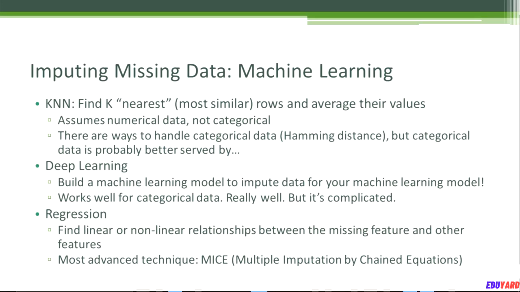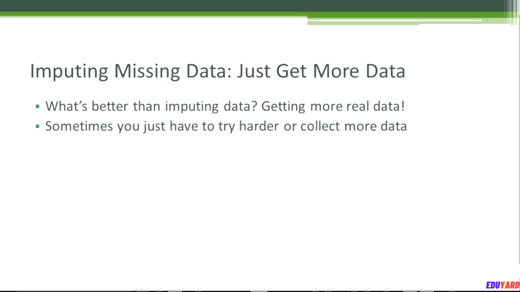And finally, probably the best way to deal with missing data is to just get more data. So if you have a bunch of rows that have missing data, maybe you just have to try harder to get more complete data from people, and it's hard to beat just getting more real data, so that you just don't have to worry about all the rows that have missing data.